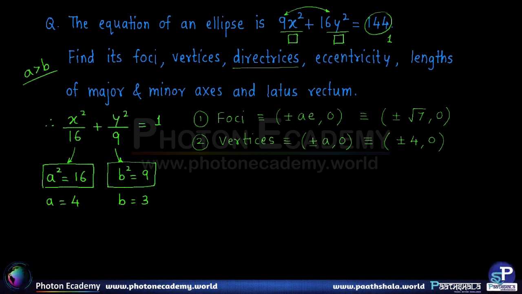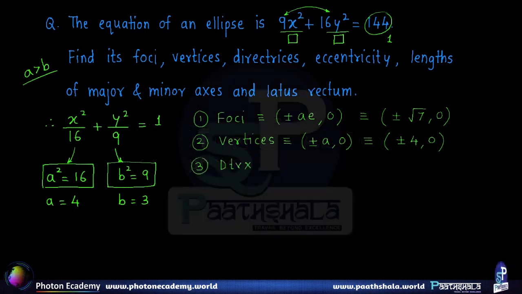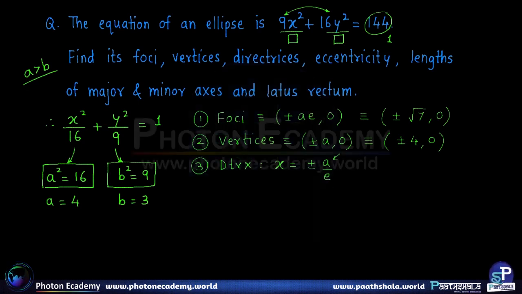Then we have directrices. Directrices are given by x is equal to plus or minus a upon e. Now we know a, but we don't know e. So let us quickly calculate e first, since anyways we have to calculate that as the next parameter.